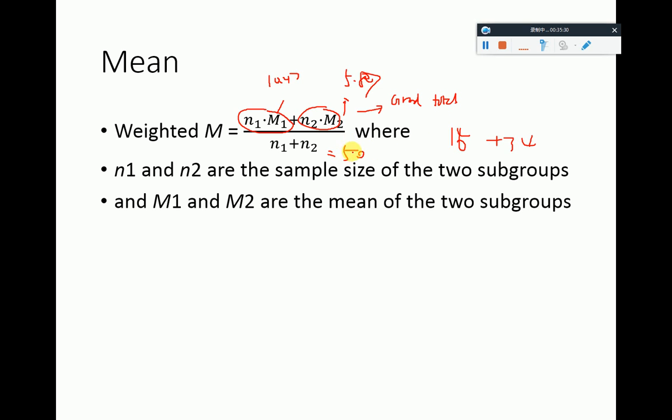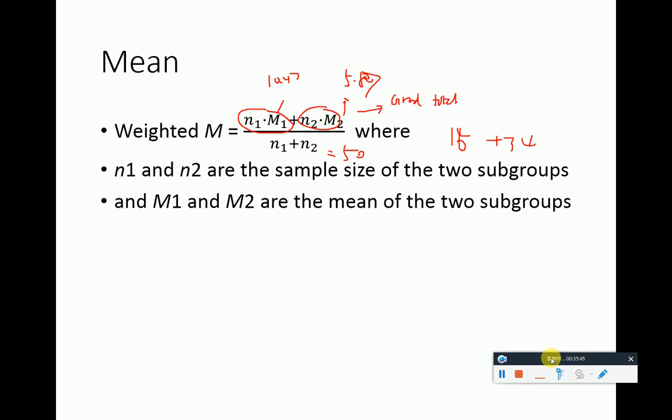And the entire country has 50 states. So we use the grand total for the entire country divided by 50 states. That will give us the average murder rates across 50 states. That makes sense, right?